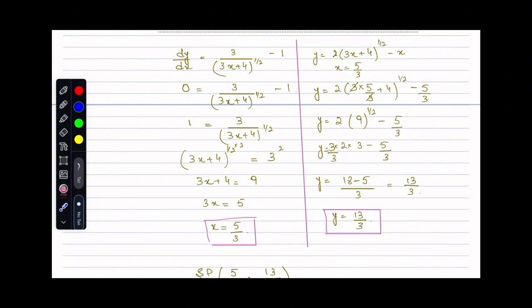So if I substitute this 5 by 3 here, I should say it's y equals 2 times (3 times 5 by 3 plus 4) to the power 1 by 2 minus 5 by 3. This 3 gets simplified. 5 plus 4 is 9, and the square root of 9 shall be 3.